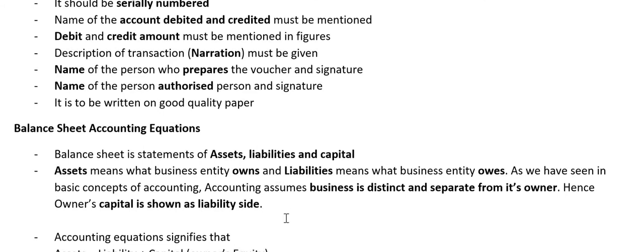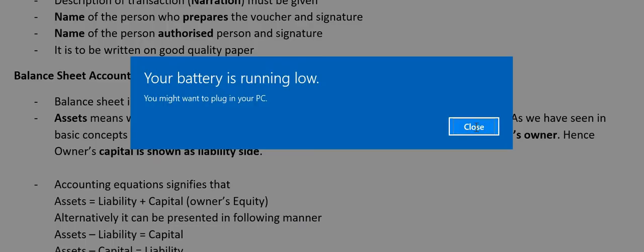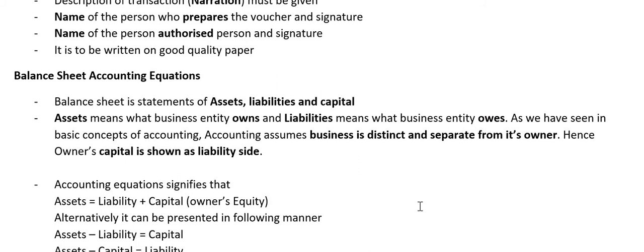Now we will move to the next point, the accounting equation. Assets are to be equal to liability. Liability means my internal liability as well as my external liability. So asset must be equal to liability. Then we will subdivide liability into liability payable to third parties and liability payable to the owner.